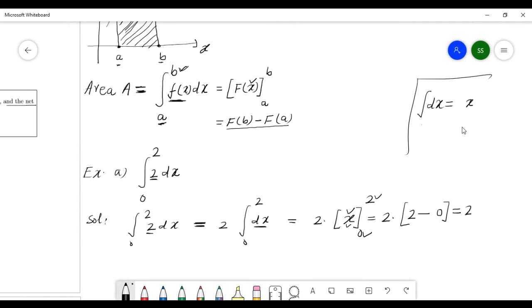This equals 2 times (2 minus 0), that is 2 times 2, equal to 4. So the area is equal to 4. Is it clear? For the integral from 0 to 2 of dx, first you find the integral and then put the limit a to b.